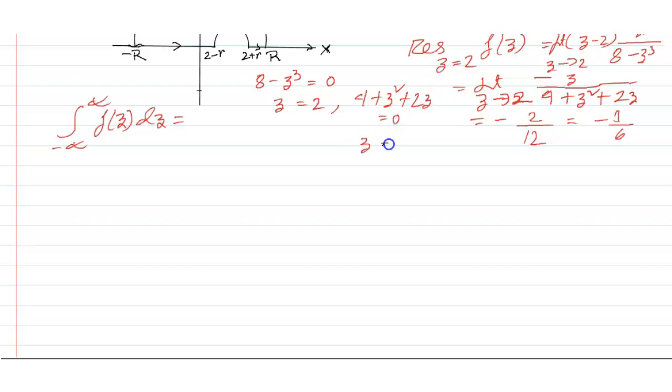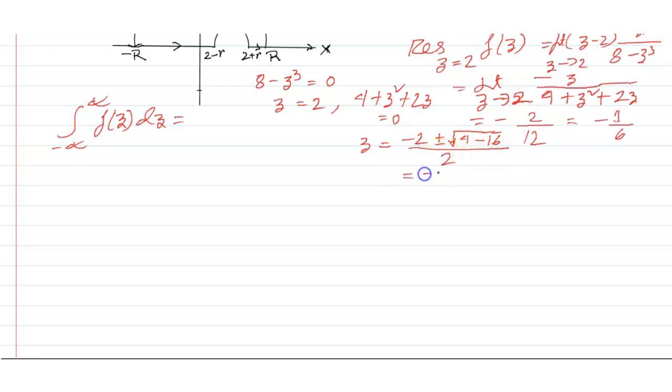So the z value is minus 2 plus or minus root over b square minus 4ac, where b square is 4 and 4ac is 16, divided by 2a, which is 2.